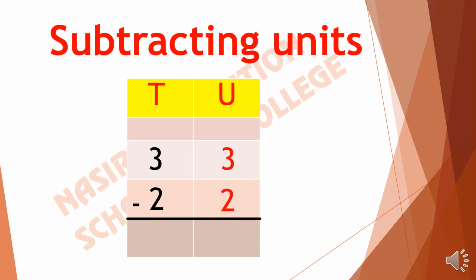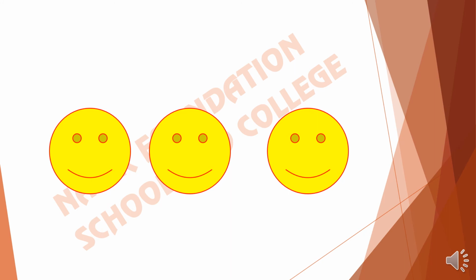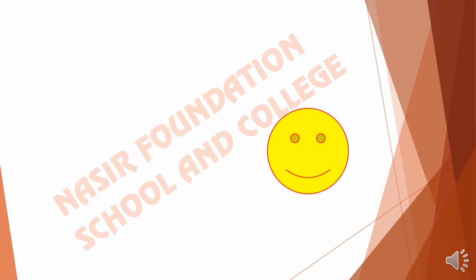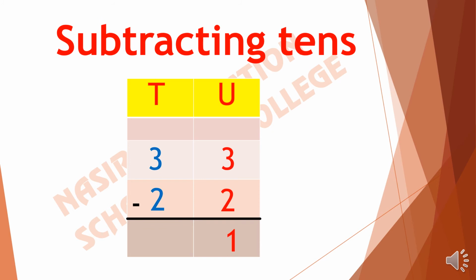First of all, we have to subtract the units. We will subtract 2 from 3. 1, 2, 3. We have to subtract 2. 1, 2, and we are left with 1. So we write 1 in units column. After the subtraction of units, we will move towards the tens.